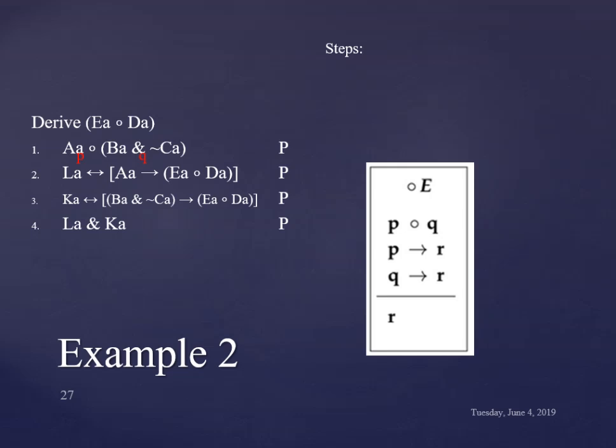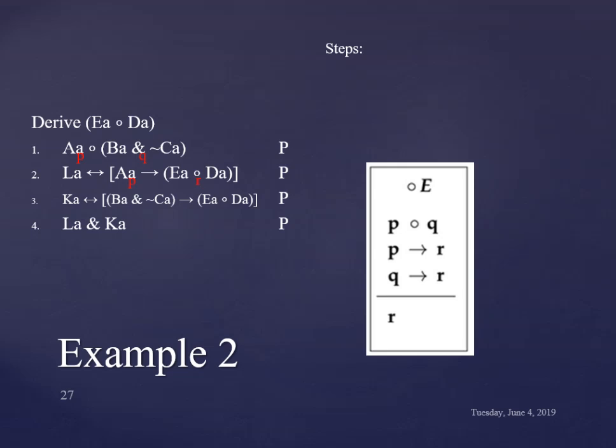Now here's something that we notice in line 2, right? We have a P arrow R formula right there in that one side of the biconditional. Okay, so you see that? AA arrow, and then the disjunction EA or DA. And that could be the P arrow R formula.